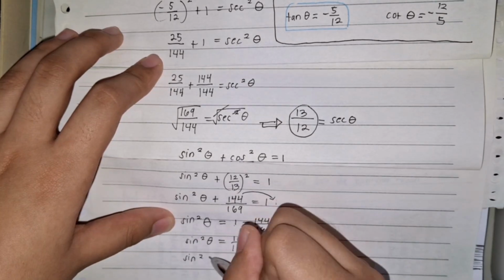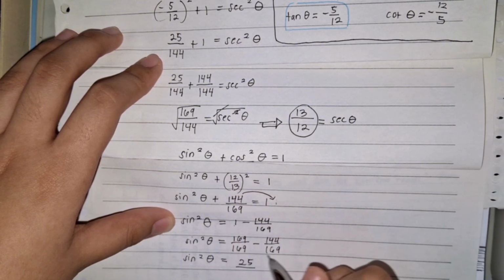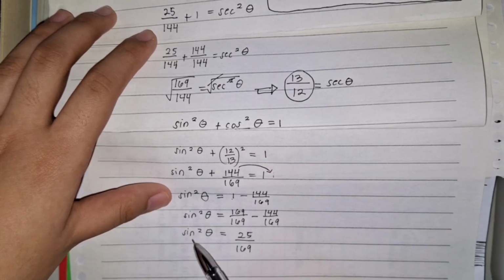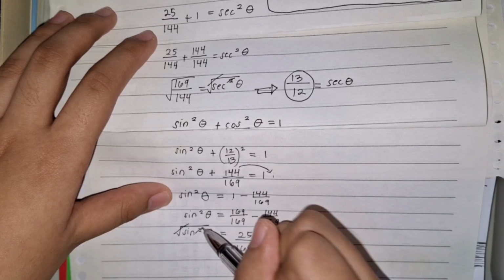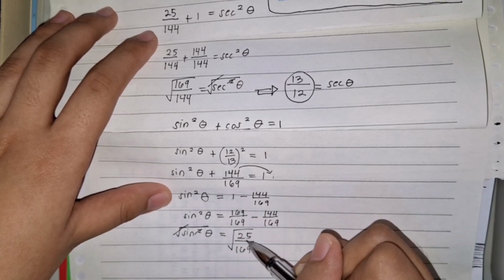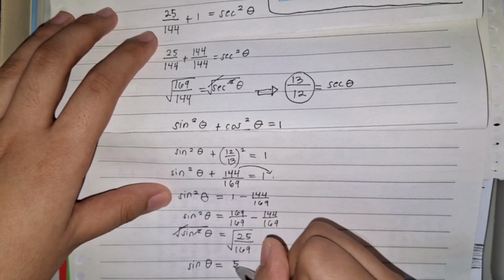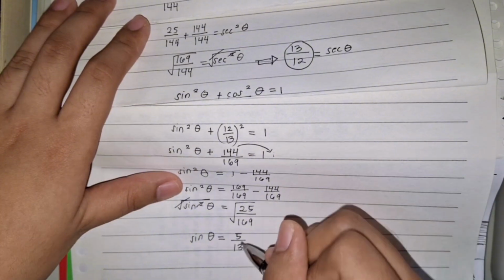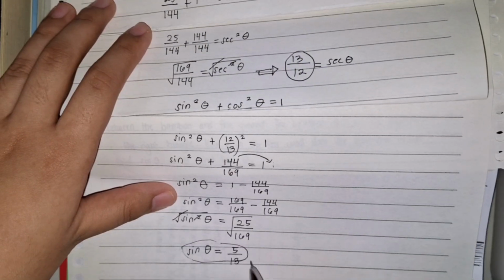Sine squared theta is equal to 25 over, copy the denominator, 169. Since it is raised to 2, we can square root this value and cancel out. So the square root of 25 would be sine theta is equal to 5 over square root of 169 would be 13. Therefore, we obtained the value of sine theta as 5 over 13.